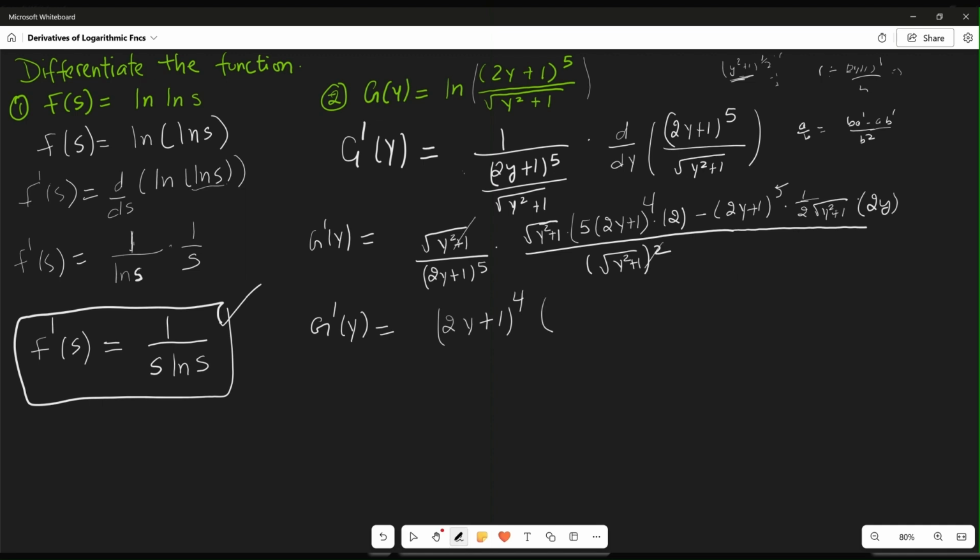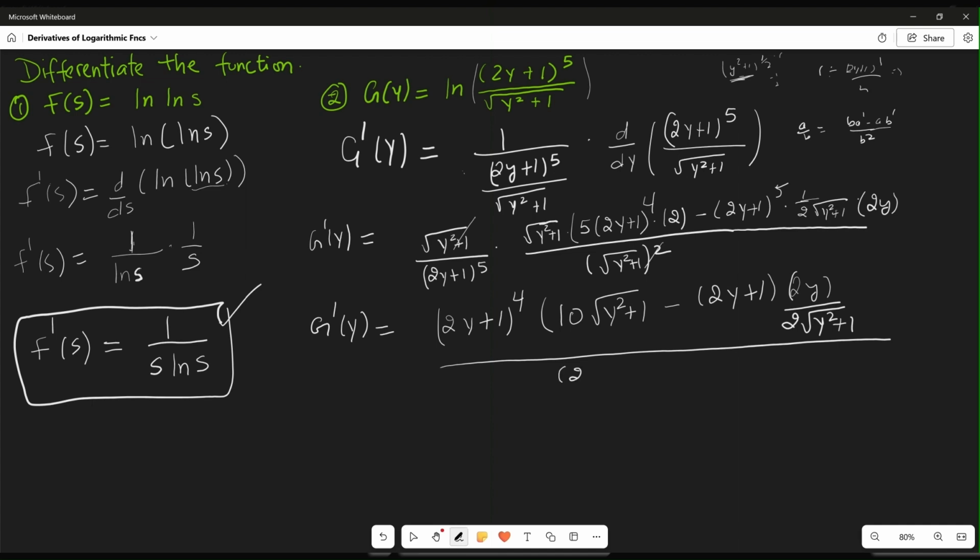What's left inside is 5 times 2 is 10, square root of y square plus 1 minus (2y plus 1) times 2y divided by 2 times square root of y square plus 1, divided by 2y plus 1 raised to power 5 times square root of y square plus 1.